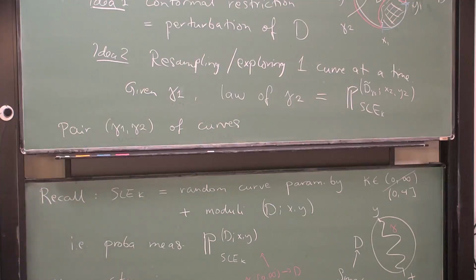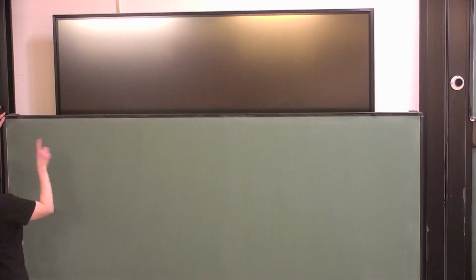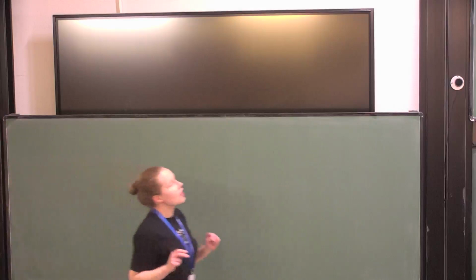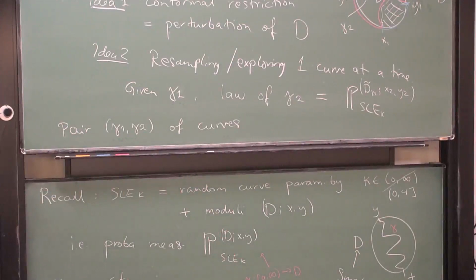So I wanted to sketch some restriction property, which is kind of, if we freeze this exploration of gamma 1, then I can just say that this area that I chop off is some given piece of the domain, and then I can ask what happens in the remaining part. Now I got some notation, so maybe I should use this thing.